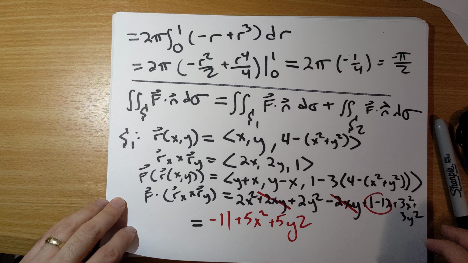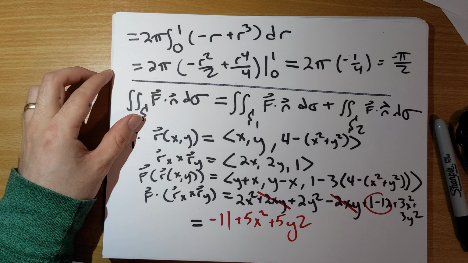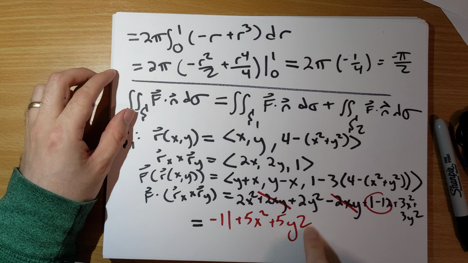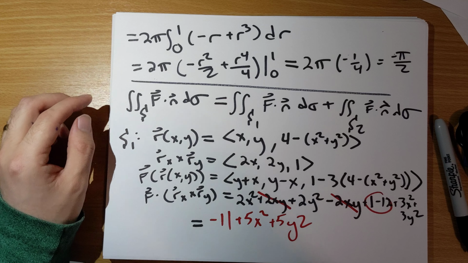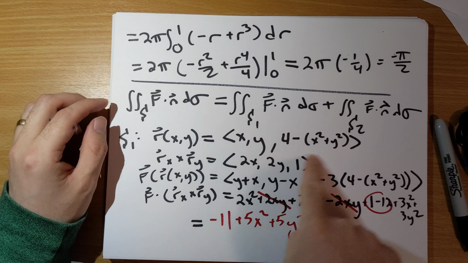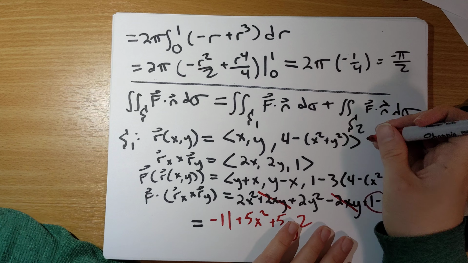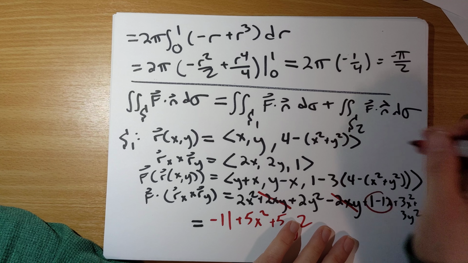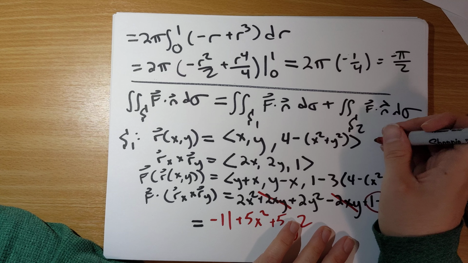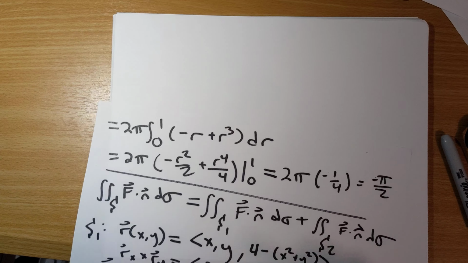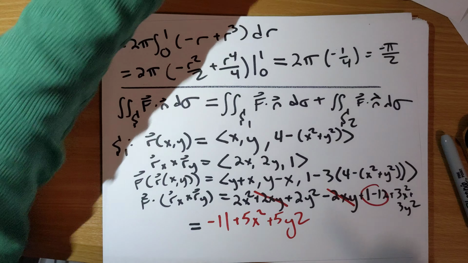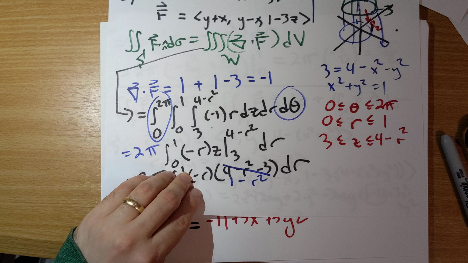Okay, what is up next? Well, we actually need to integrate this over the region. What are the bounds here on x and y? Well, x and y, the constraint here is coming from x squared plus y squared can be at most 1.